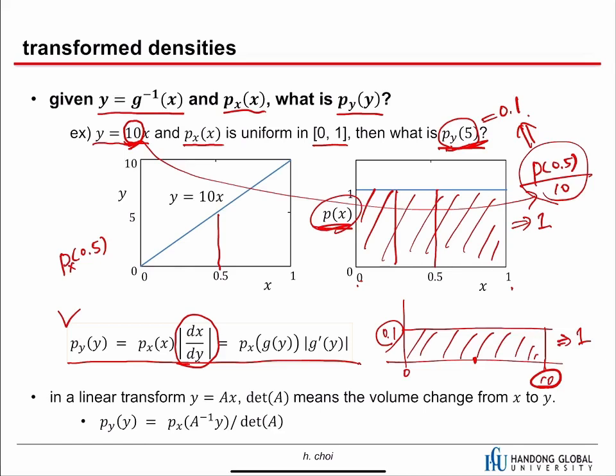In a linear transformation like this, we already talked about this one: determinant A means the volume change from x to y. So P of y is P of x divided by the volume change. So this ten is actually the volume change, so we divided by this here. Likewise, we divide by this volume change.